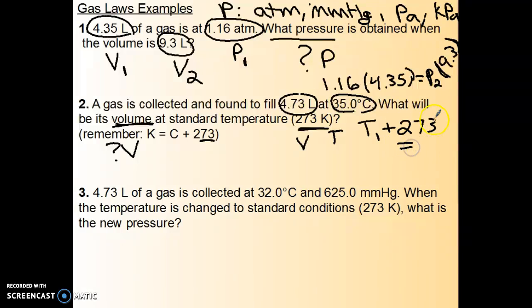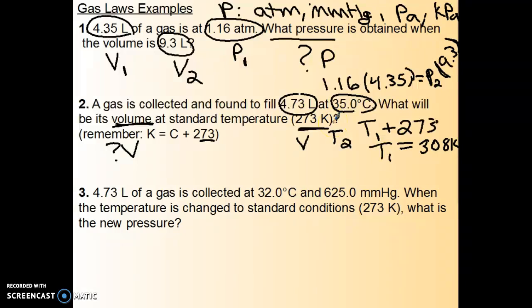So our Kelvin temperature for the T1 must be 308 Kelvin. That's our T1. The T2 is this 273 right here.